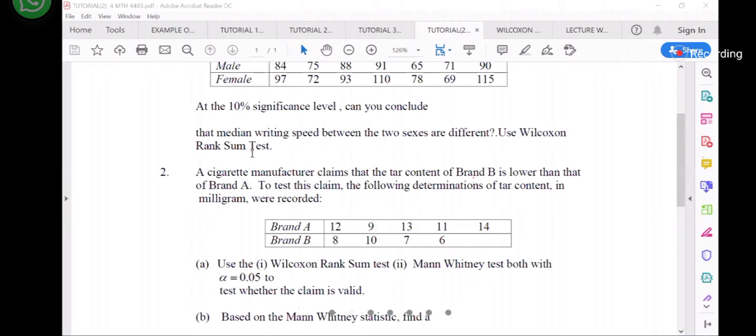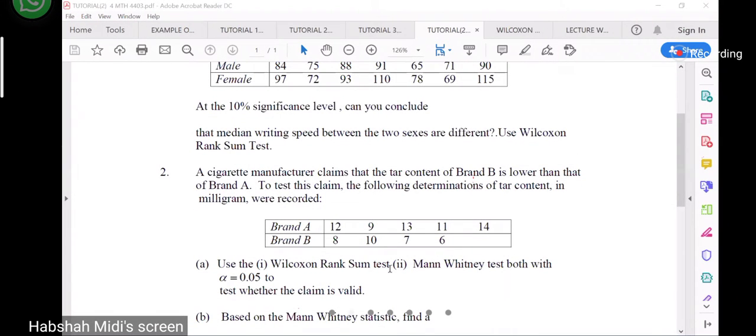So meaning that here you do not have to make use of both the Wilcoxon rank sum test and the Mann-Whitney test. You just use either one. Mann-Whitney means directly using the comparison of the number of Y to the left of X, the number of X to the left of Y. So just make use of one. No need to do both.